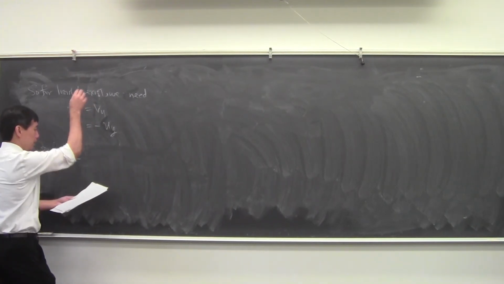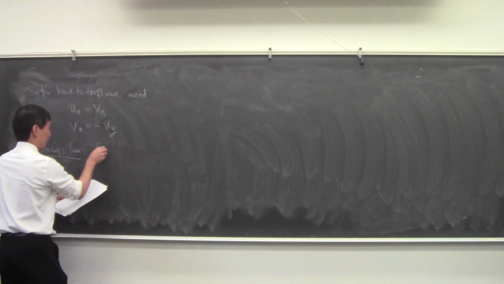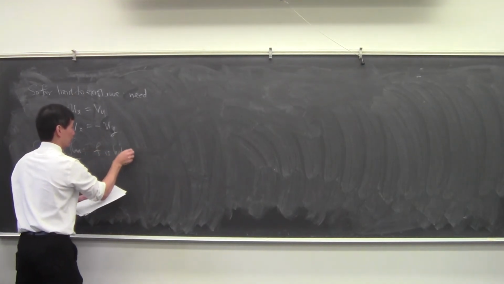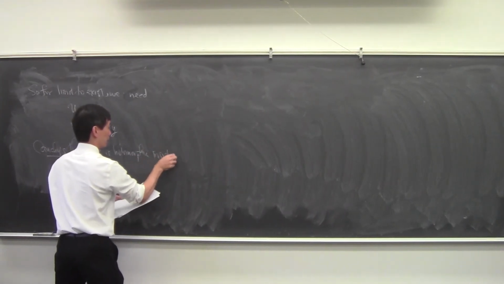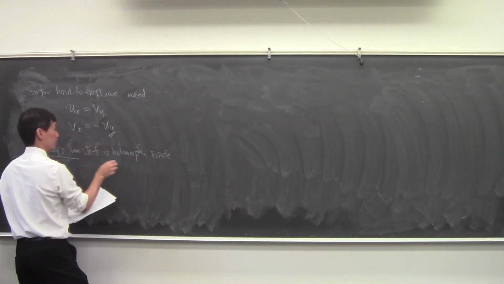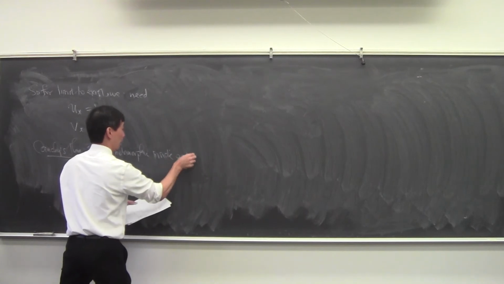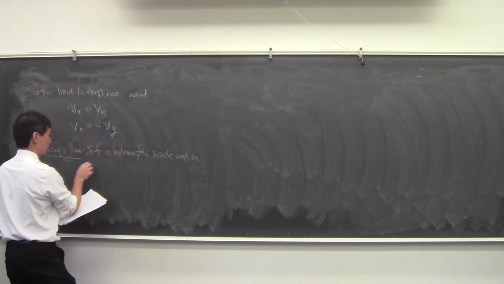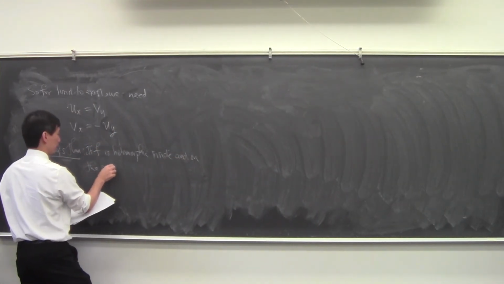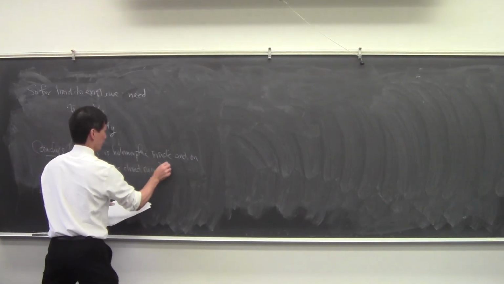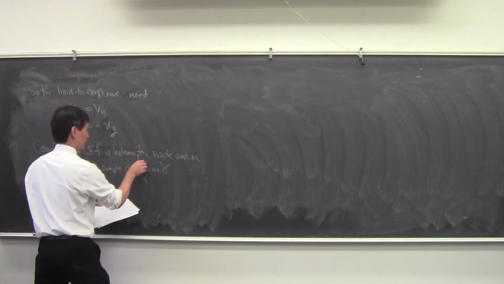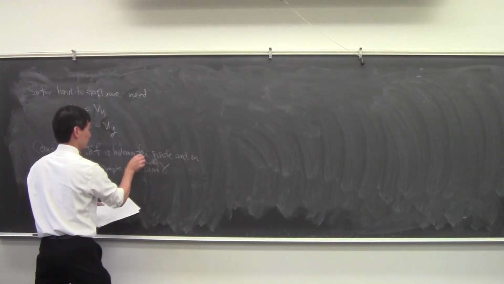Okay, so here it is. Here's the theorem. If f is holomorphic inside and on the simple closed curve, and I should say probably smooth, although you don't exactly need smooth.